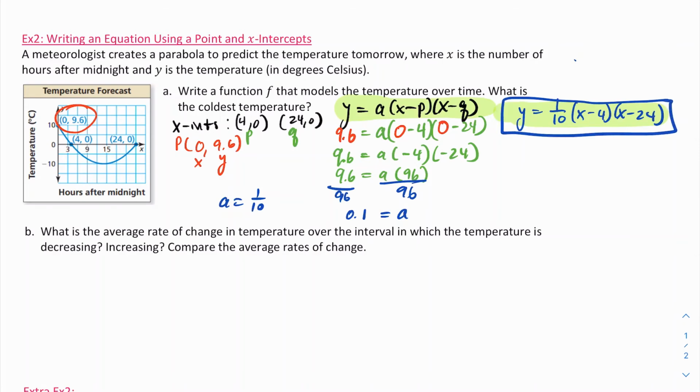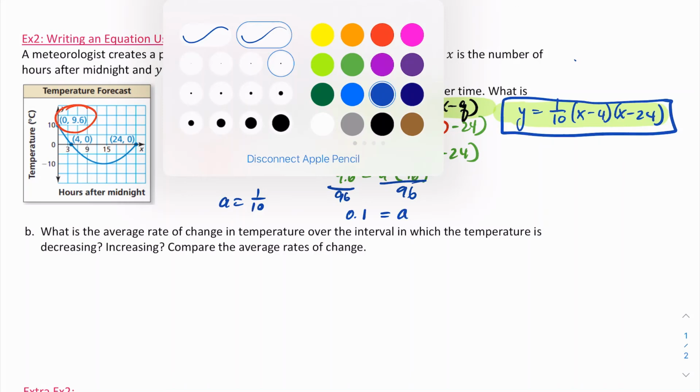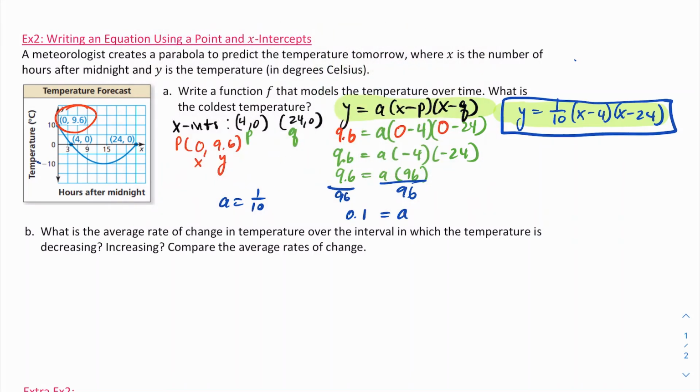Now, they want to know what the coldest temperature is, and you can almost tell from here where it is. What we would have to do is find the middle point between the two intercepts.